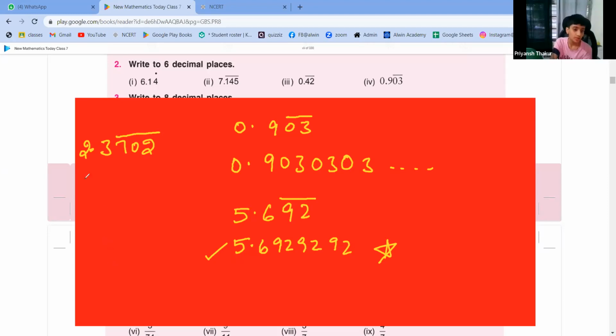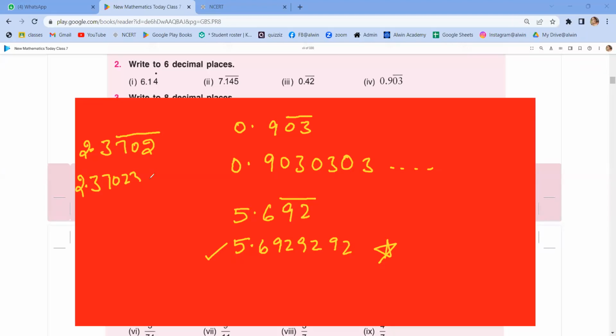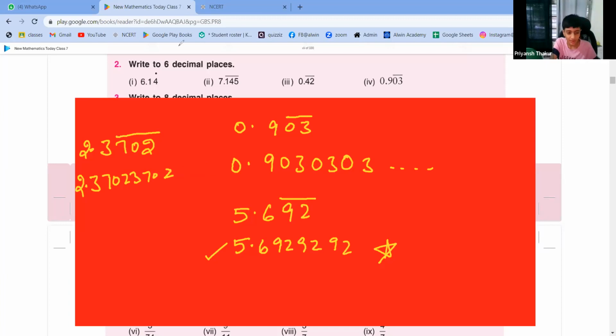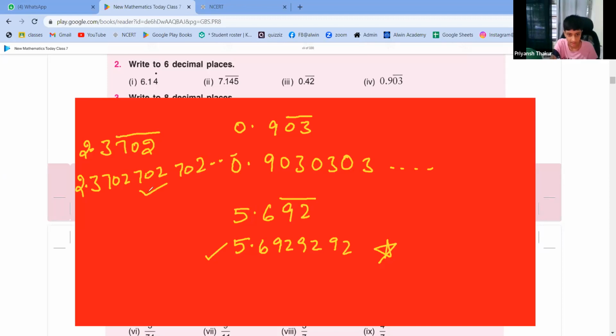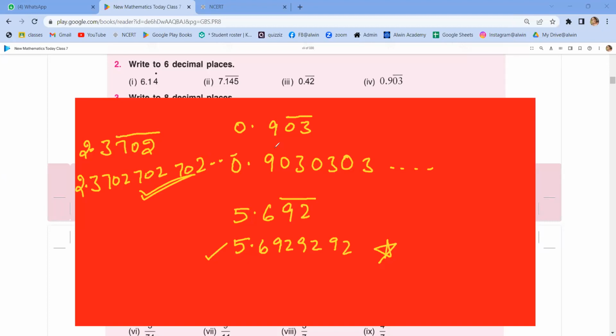Ma'am, the answer will be 2.3702 continuously. Like it would be unlimited time written because there's no limit. So should I write 3702, 3702? No, not like this, ma'am. Point, like it will go like this: 2.3702, 702, 702, 702, continuously to infinity.